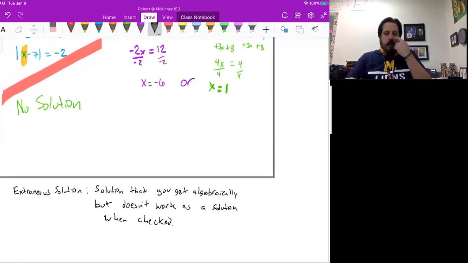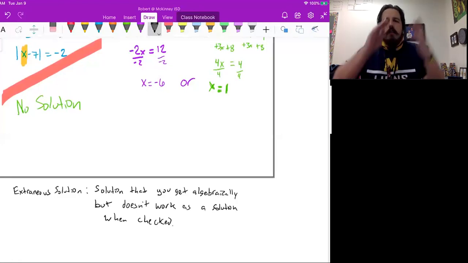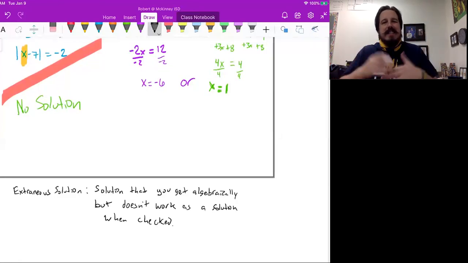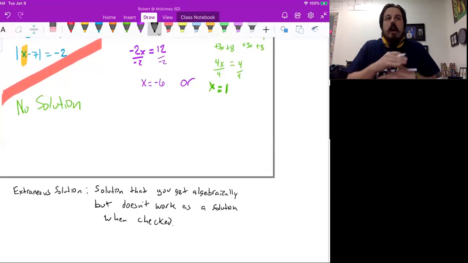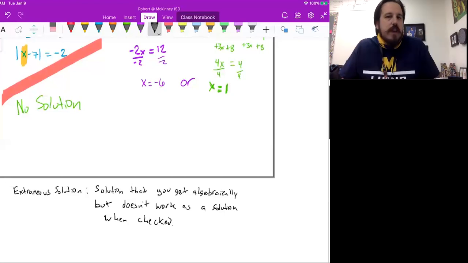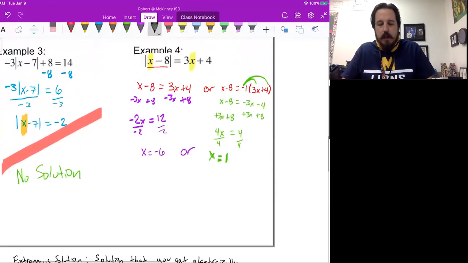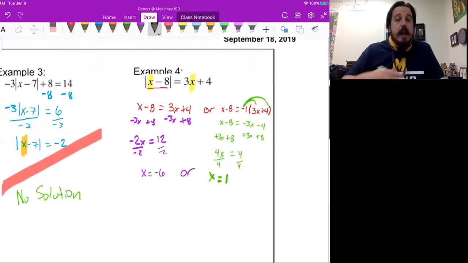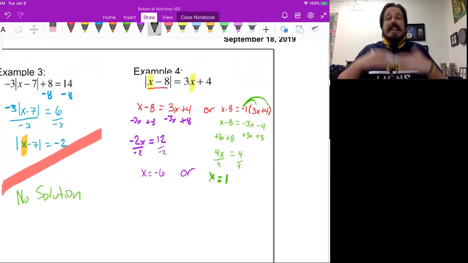So it's a solution that you get from doing your algebra steps. However, when you go back and check it, it doesn't fit the criteria to make that a true statement. Okay, it's fake. It's a fake solution. So to check this, you just take it and plug it back in for x in your isolated equation.